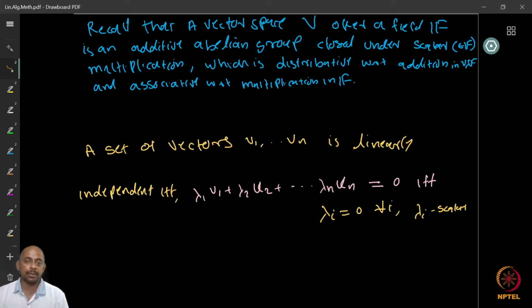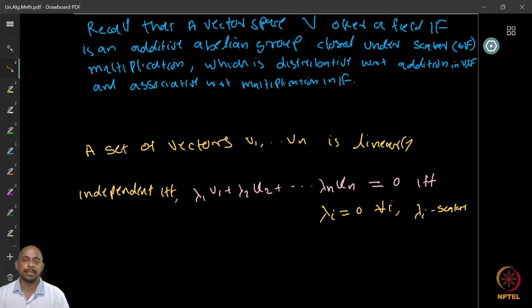For that we will use some linear algebra. So let us just recall what a vector space is. A vector space is defined over a field. The elements of the field are called scalars, right? It's basically an additive abelian group. We know what an abelian group is.